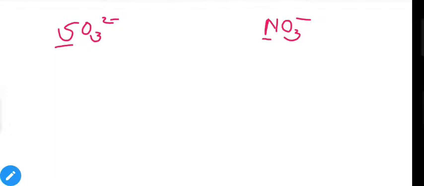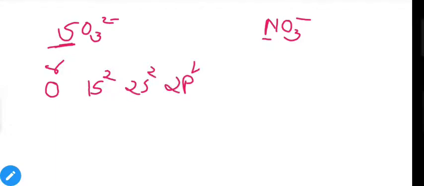First of all, for sulfur, the first knowledge should be that it belongs to the oxygen family. So the outermost electronic configuration will be just like oxygen, but the quantum number will be increased. In case of oxygen, because it contains 8 electrons, the basic electronic configuration will be 1s2, 2s2, 2p4.